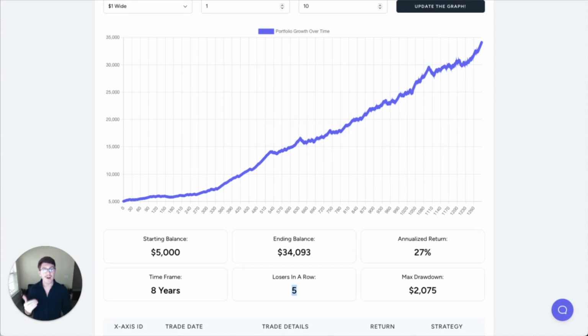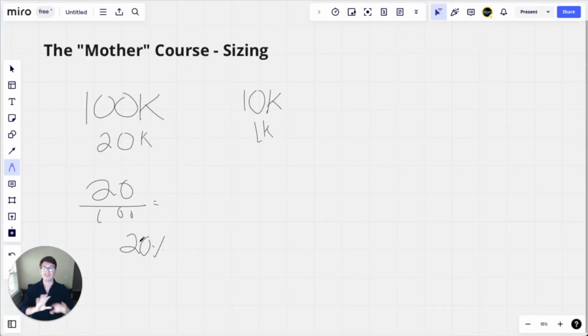So I take our 20%, my max loss that I want to lose after a losing streak, and divide that by 5, and that gives me 4% risk. That means I should be risking 4% per trade, right? Because if I have 5 losers in a row, each at 4%, I'm going to hit a 20% loss.